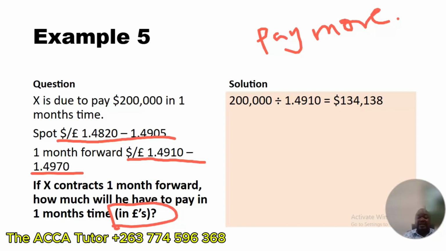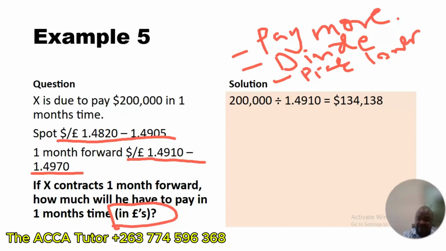That's the other rule you need to remember again. We are converting into the base currency, the rate has been quoted in base currency, so in that case we are to divide. Then, we need to pay more, so we need to pick the lower rate because we are dividing. So pick the lower rate.